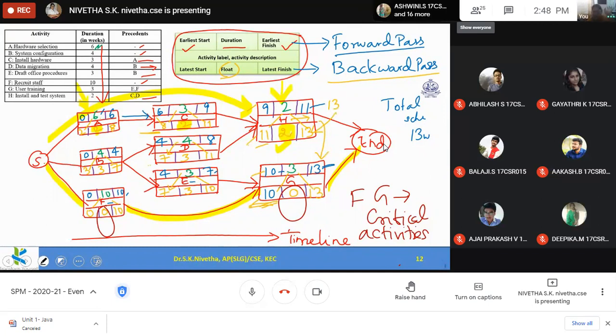That is float value. Or we can share: A can be delayed for 1 week, C can be delayed for 1 week. In that way, we can share. But this path, F and G, should not be delayed. F and G should not be delayed at any cost. That is the critical part.